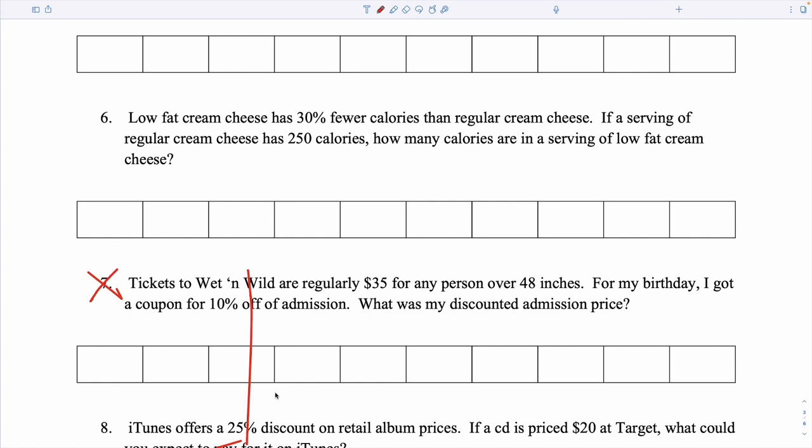Set up the bottom. So percentage. That's 190.